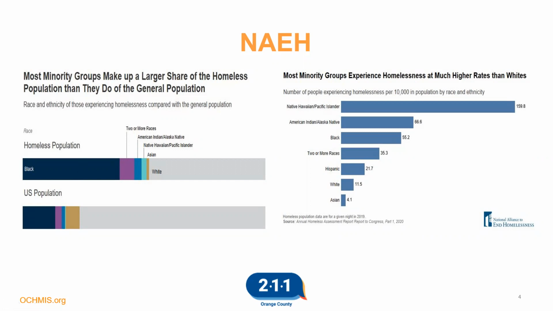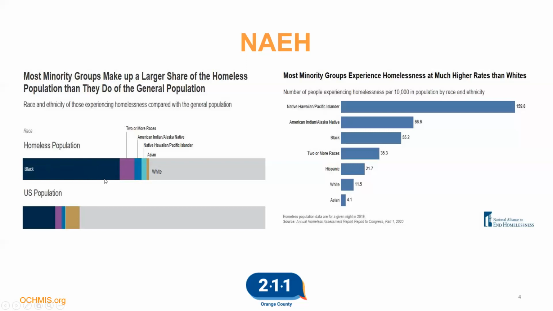Ideally, clients should be equally represented in the general population as well as the homeless population. But as you can see in this top bar chart, that isn't the case. That's the kind of thing we would be looking at for our COC. So this is one way to look at the data.